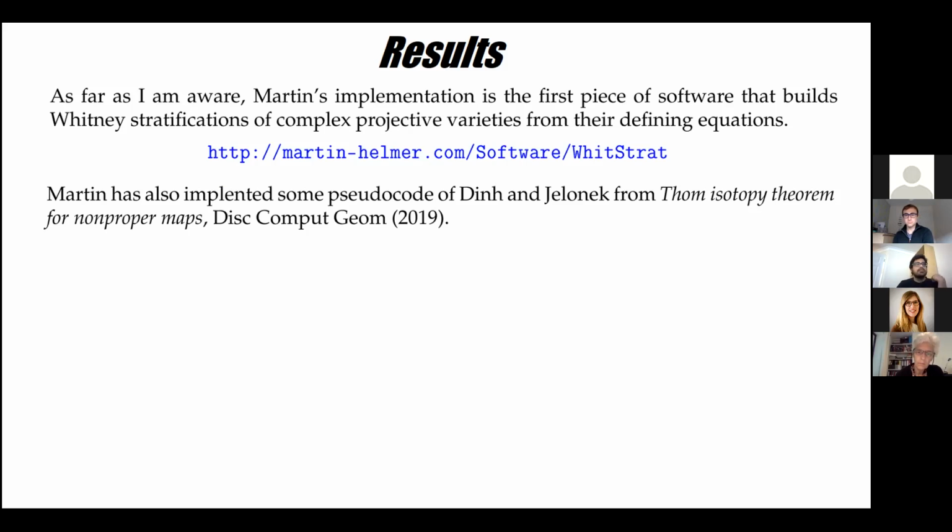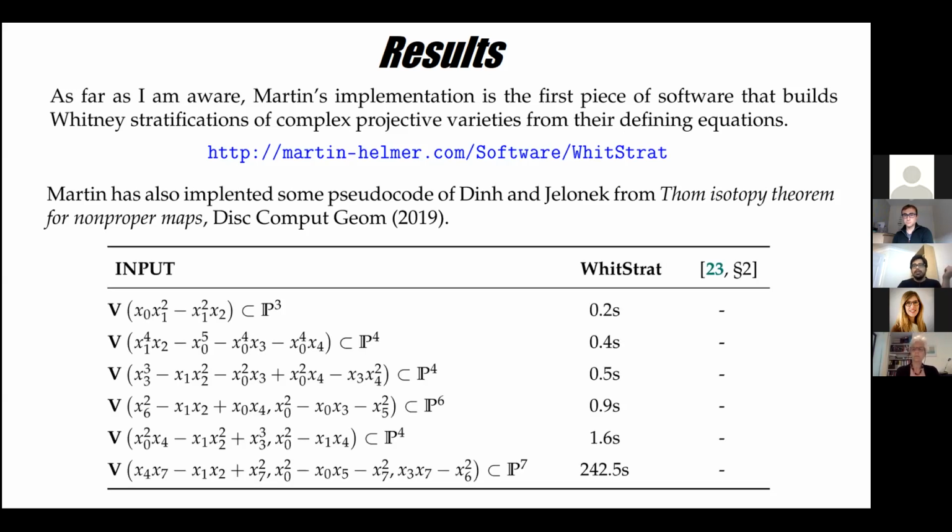It's called Thom isotopy theorem for non-proper maps. So just from a few years ago. And so we implemented their pseudocode, which also produces valid Whitney stratifications. And we tried it out on several examples, and here are the results.